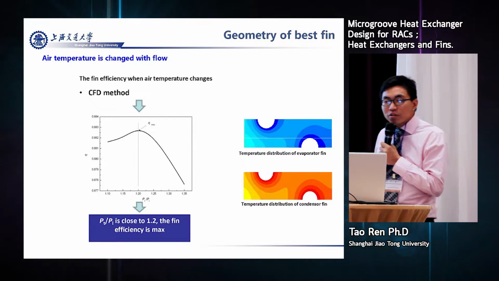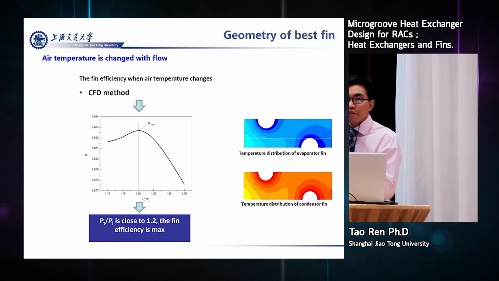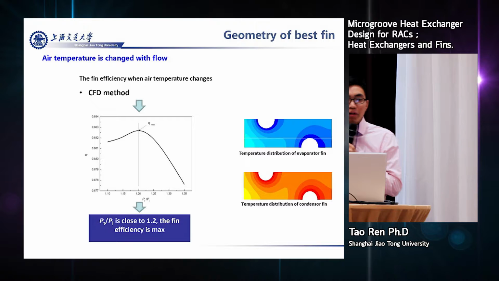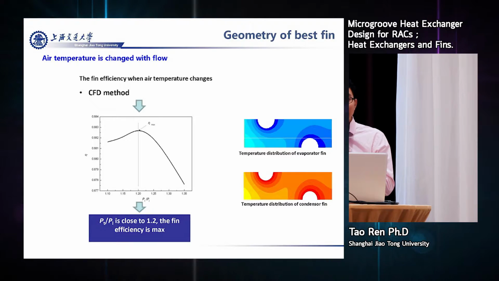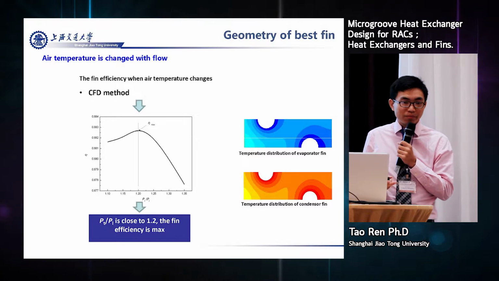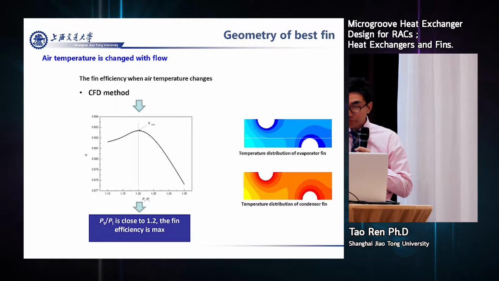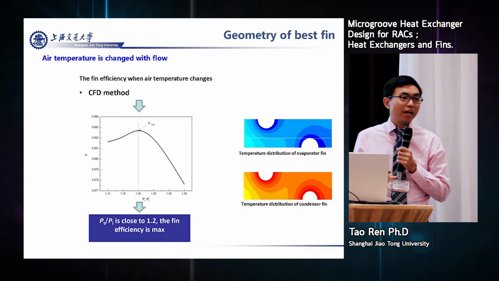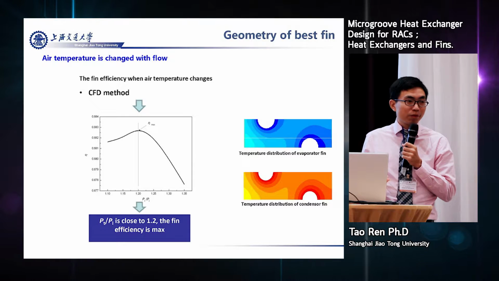But when we investigate further, yes, you have a high efficiency fin, but as we all know, the copper price is much higher than aluminum, and the copper density is also much higher. It's almost three times that of aluminum.